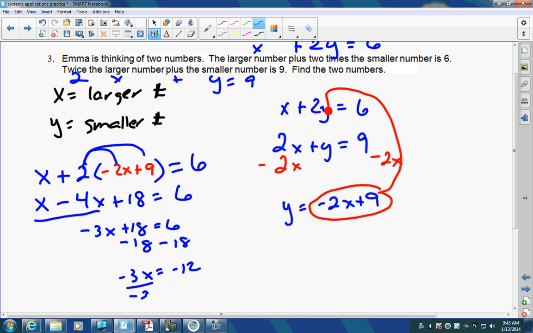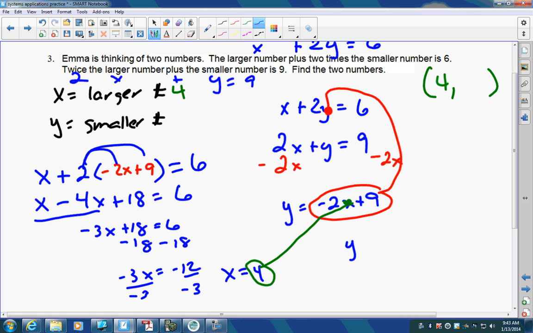Divide by negative 3, and I get x to be 4. All right, so I have one of my answers. I have x is 4. I need to find y. So x is 4. That means 4 is my larger number. So let's take this equation right here, and let's put 4 in here for x.